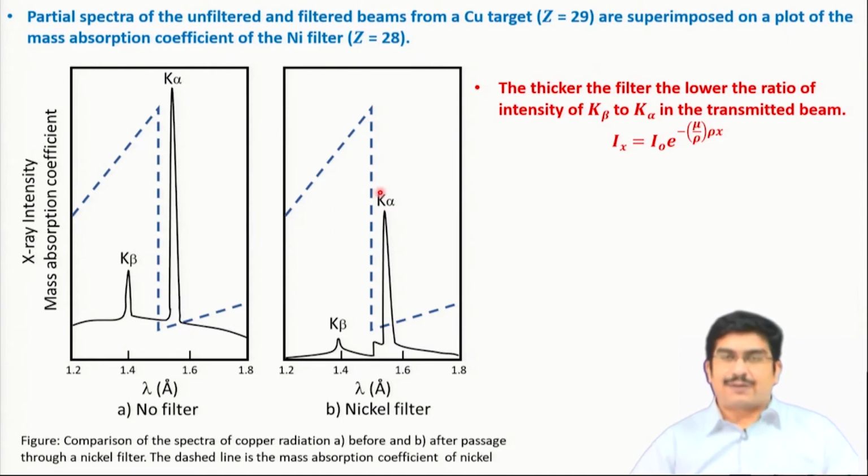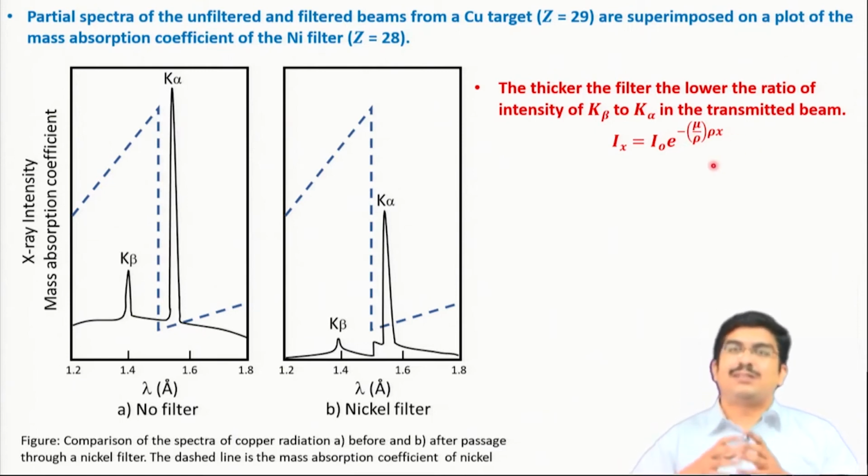Now, we will discuss a couple of characteristics of this filter metal. The first thing, as we have seen from the X-ray absorption equation, is that the absorbing power of any material depends not only on its density, but also on the thickness of the material. So, the thicker the filter, the higher the absorption of K beta radiation, and the lower the ratio of the intensity of K beta to K alpha in the transmitted beam.